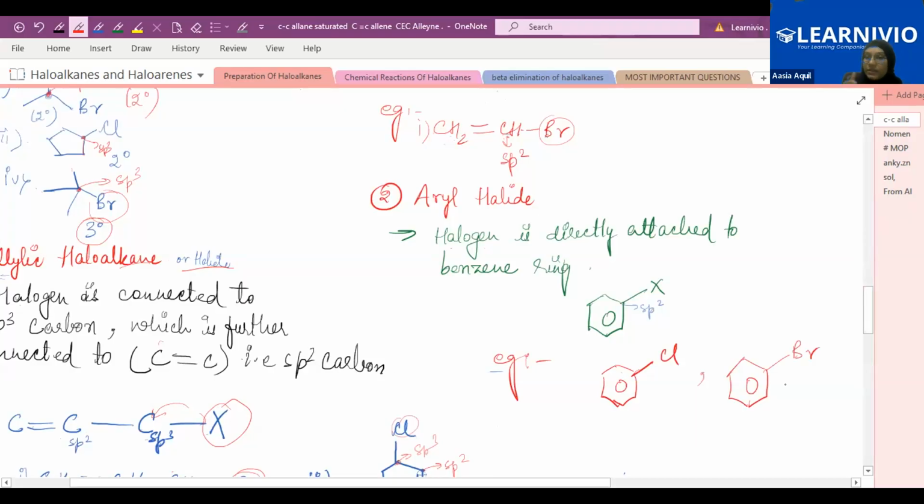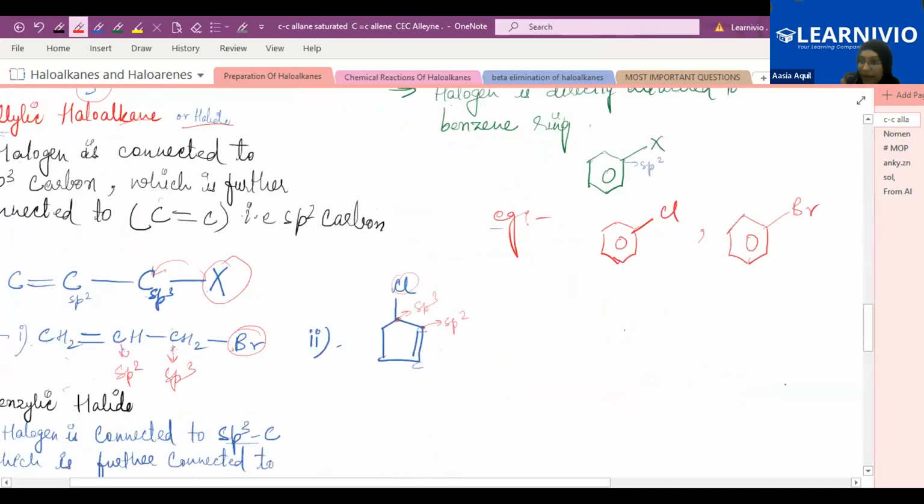Now see, there is a difference between the aryl halide and the benzylic halide. Don't be confused between these two. When I say benzylic halide, it means the halogen is attached first to the sp3 hybridized carbon, CH2, and this sp3 hybridized carbon is attached to the benzene ring.